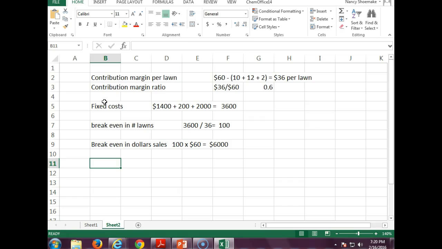Or what we could do is take our $3,600 of fixed costs, divide that by 60%, our contribution margin ratio. Should be 6,000. Okay? Make sense? Yes, no.